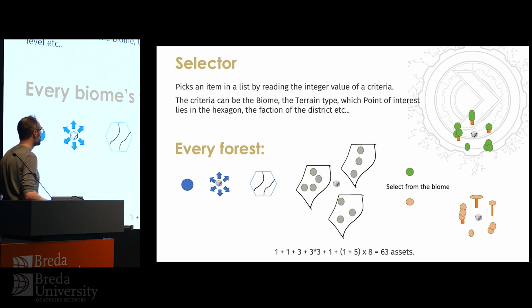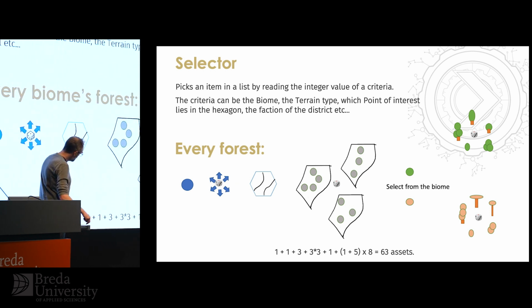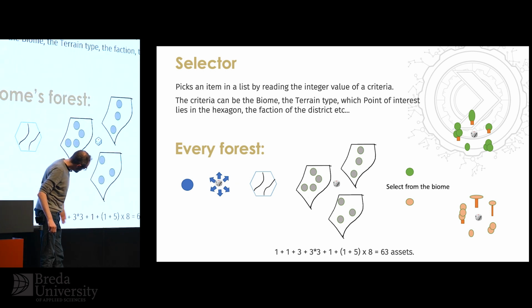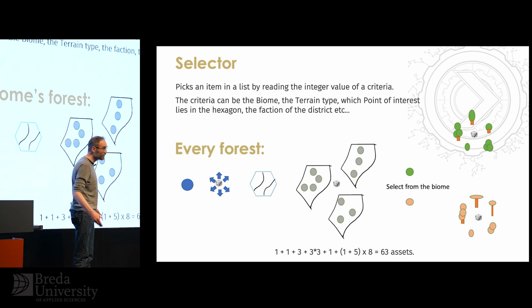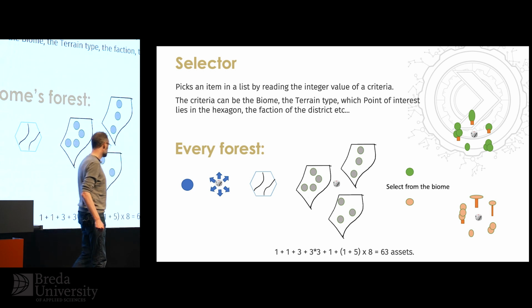So when you count how many objects you need for 8 biomes, it doesn't change until here. And then obviously there is more data because we need to make all the 8 different random trees and the additional selector. So it's only 63 assets.